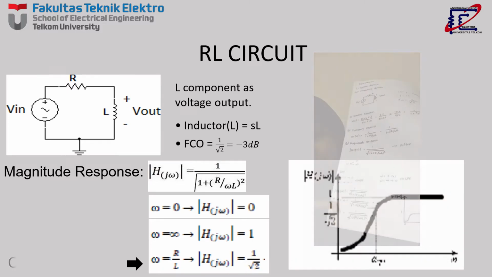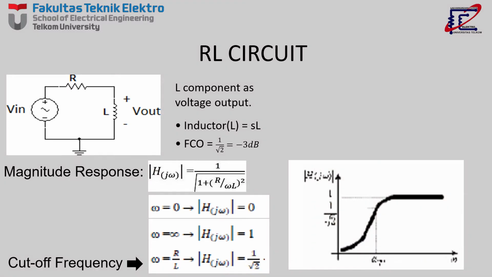Here, after I input omega is 0, I get 0 for magnitude response, and after I input omega is infinity, I get magnitude response value 1, and then I get a high-pass filter.